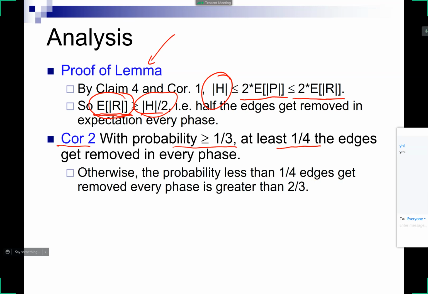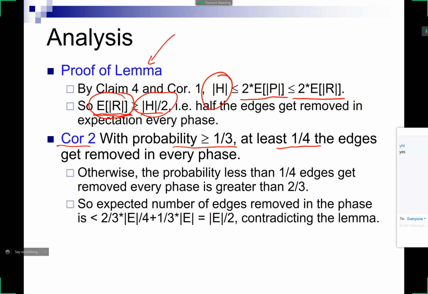The opposite of this statement is simply that you take out less than 1/4 of the edges with probability at least 2/3. But then, for the number of edges that you take out in each round in expectation, you have a greater than 2/3 probability of taking out less than 1/4 of the edges, plus a less than 1/3 probability of taking out more than 1/4 of the edges.